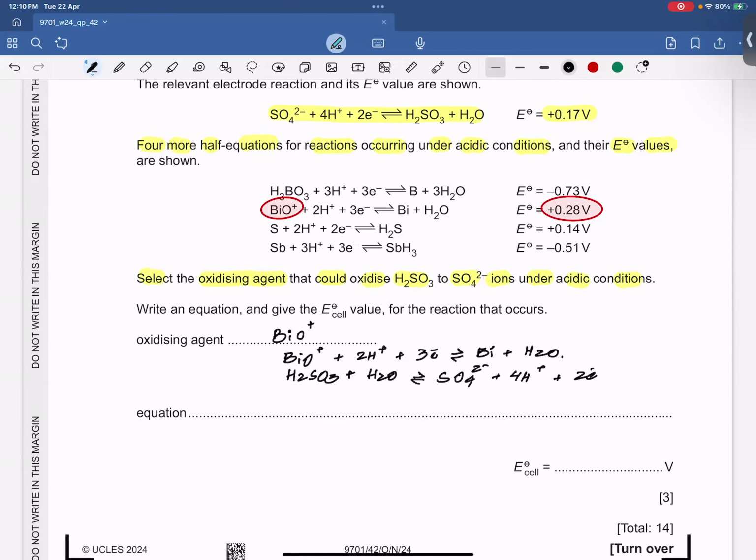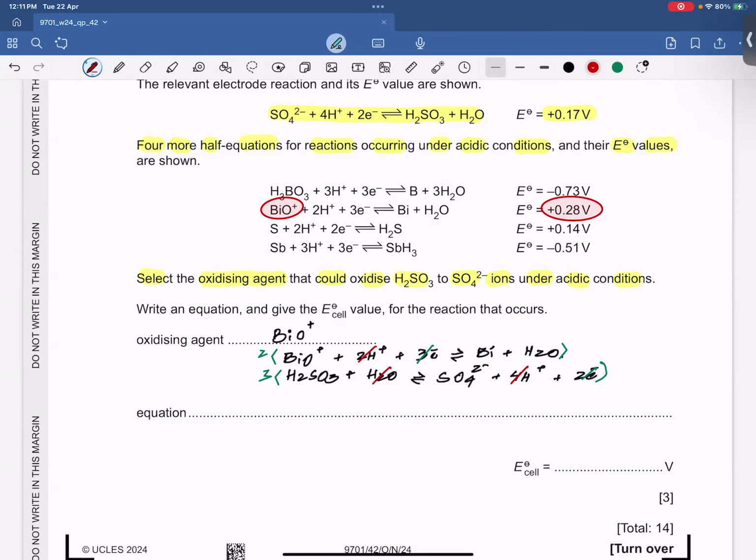So in order to write the overall equation, we need to balance the number of electrons. For that, I will multiply this equation by 2 and this equation by 3 so that the number of electrons are balanced. As soon as the number of electrons are balanced, they will cancel out with each other. Obviously, these 6 hydrogen ions cancel out with 8 hydrogen ions.